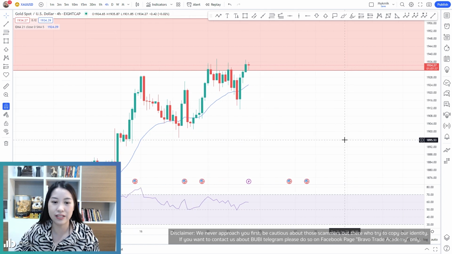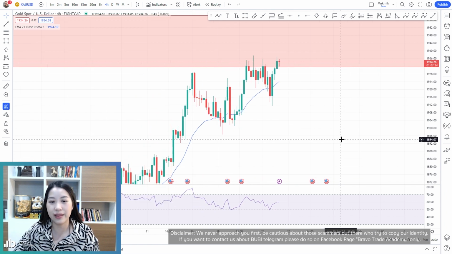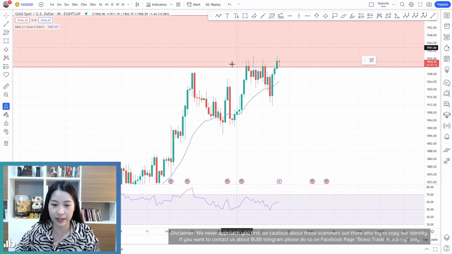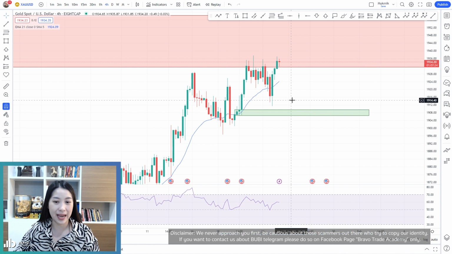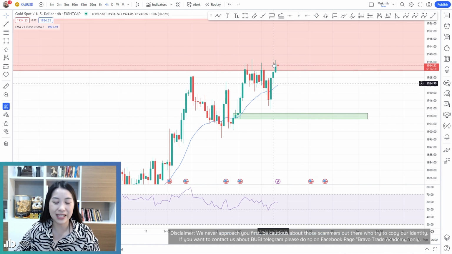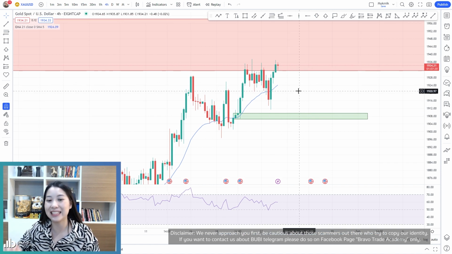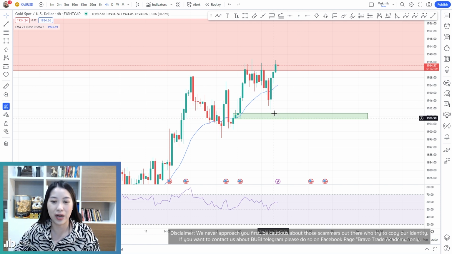Okay, so let's drop to the 4-hour time frame. In the 4-hour time frame, we are still in our uptrend as well, but the price did not really use our demand zone from yesterday, and it bounced back pretty significantly. I'd say at this point, even though it is not using the zone, there's kind of a Fibonacci thing going on, that's why the price shot back up really high.